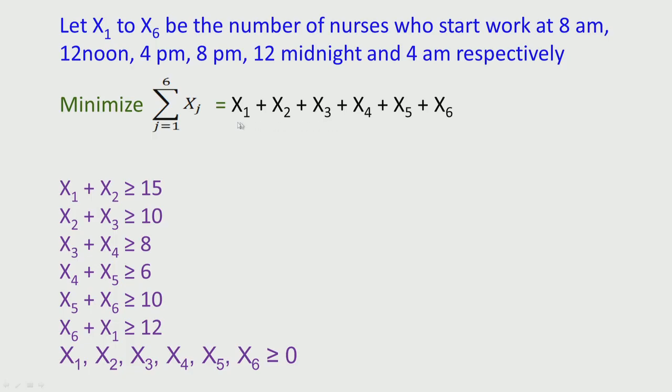It is also shown in the form of a summation, where sigma j equal to 1 to 6 of xj, when expanded, will give x1 plus x2 plus x3 plus x4 plus x5 plus x6. So, the objective function will minimize the number of people who come to work in the beginning of these 6 slots. Now, the constraints are to meet the requirement of the 6 slots.